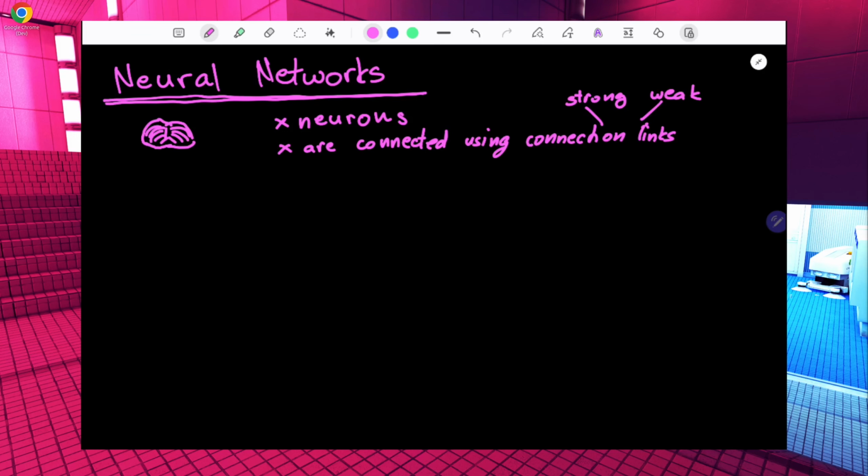So each neuron has an active state of its own. And each neuron has an activation function.